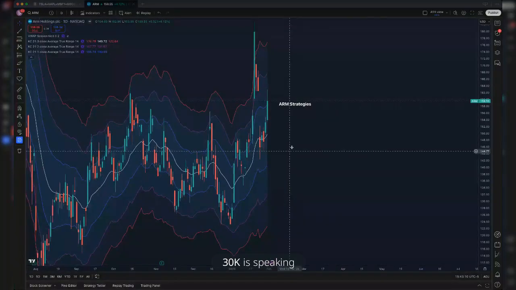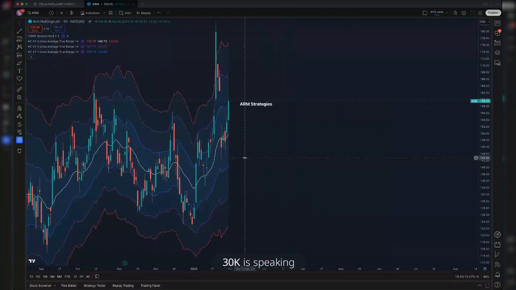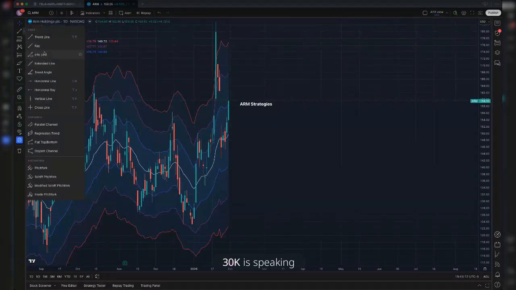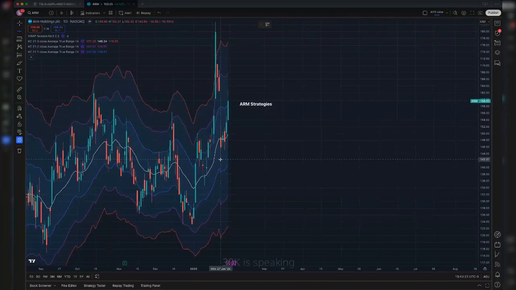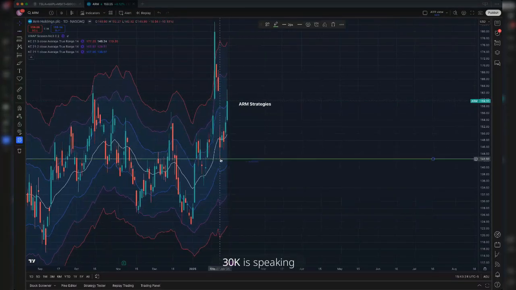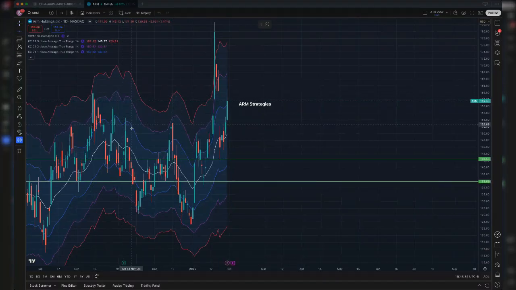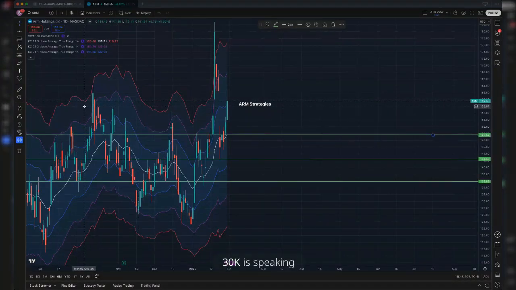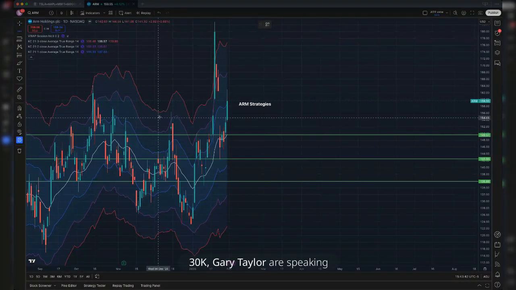So if we are going to do a strategy on this, a point of interest for ARM by default is going to be here. All right, this is the magic happening in real time, folks. These are approximate levels, so I'm doing it quick, okay?